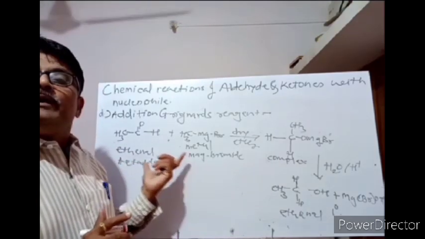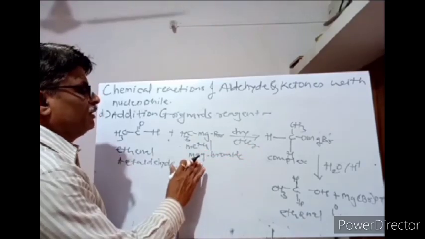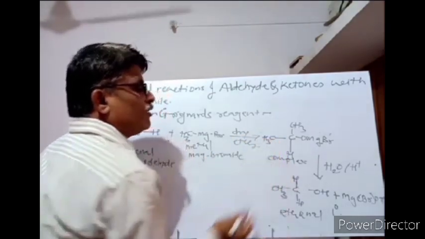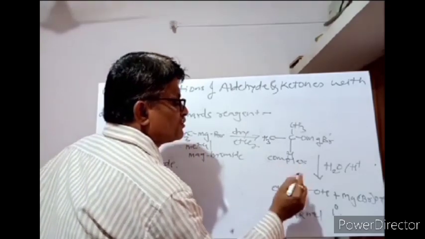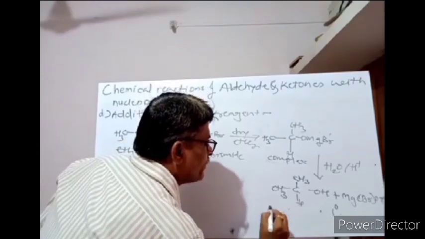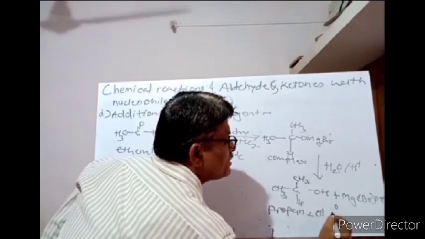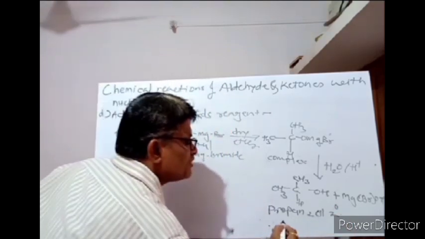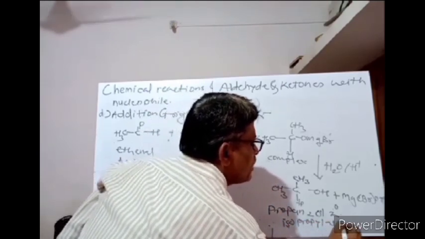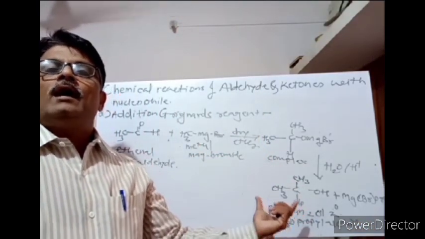In this reaction, when acetaldehyde reacts with methyl magnesium bromide in the presence of dry ether, it gives a complex which on hydrolysis gives propan-2-ol, which is a secondary alcohol, also commonly known as isopropyl alcohol.